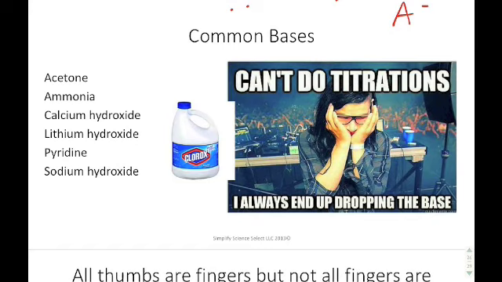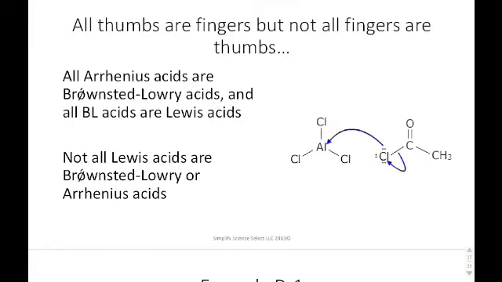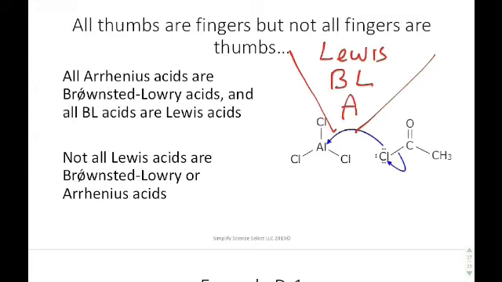The last thing that we want to really touch on is the idea of all thumbs are fingers, but not all fingers are thumbs. All Arrhenius acids are Bronsted-Lowry acids, and all Bronsted-Lowry acids are Lewis acids. So you have this idea of increasing specificity. So it goes Lewis, and then it goes Bronsted-Lowry, and then it goes Arrhenius.